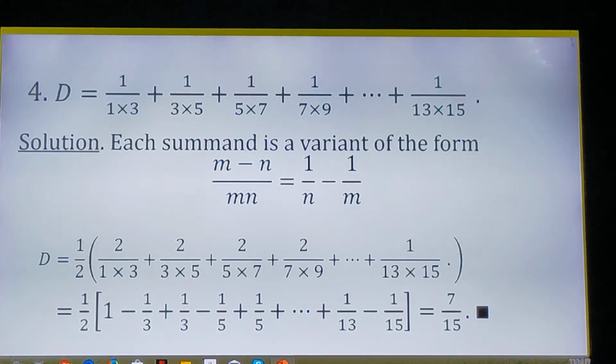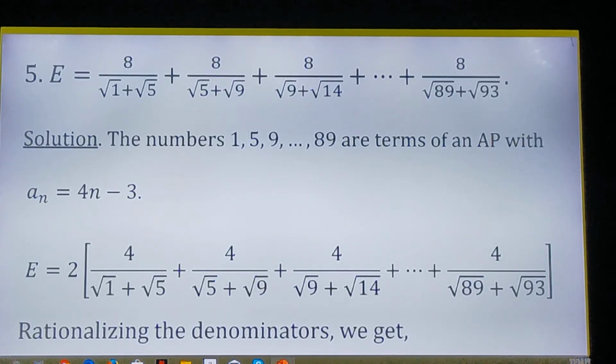And so, just like in the preceding problems, the middle terms collapse to 0, leaving only the first number, which is 1, and the last fraction, which is 1 over 15. And we have the final answer, which is 7 over 15.